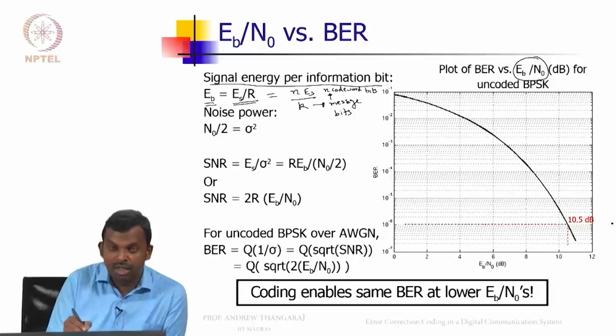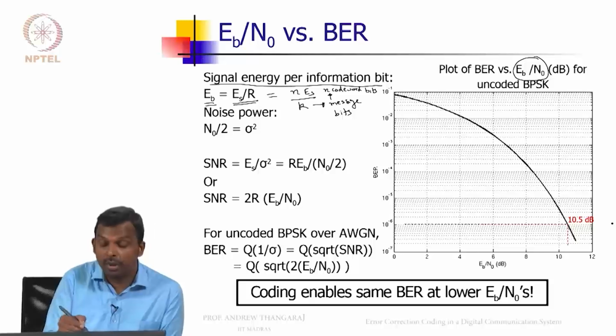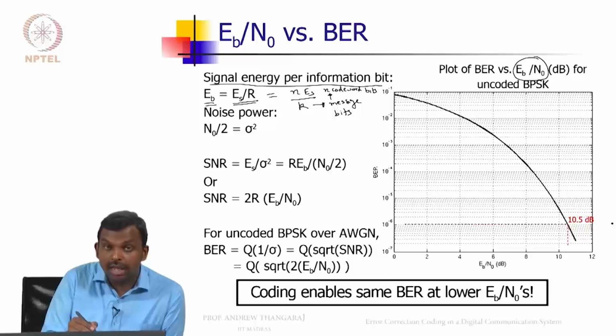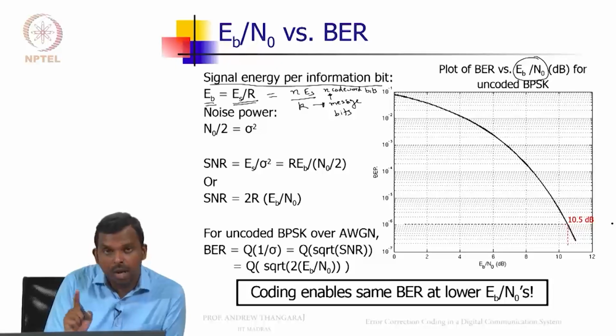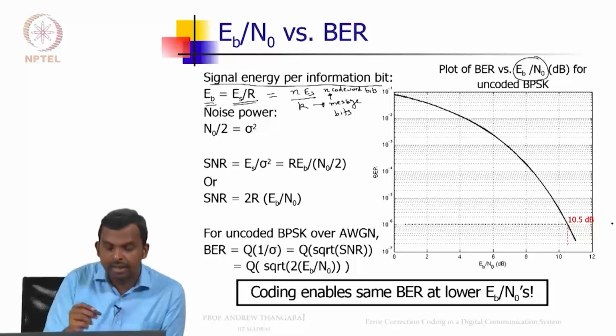You have k information bits or message bits, you convert them into n code word bits and you actually transmit them on the channel. So, the total energy you take up is n times Es. So, Eb is actually the energy per information bit. n times Es is the total energy consumed for k information bits. For k information bits, you consume an energy of n times Es. So, for one information bit, you consume an energy of n times Es divided by k, and that is Eb.